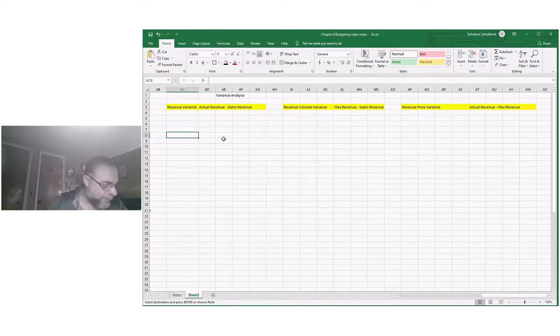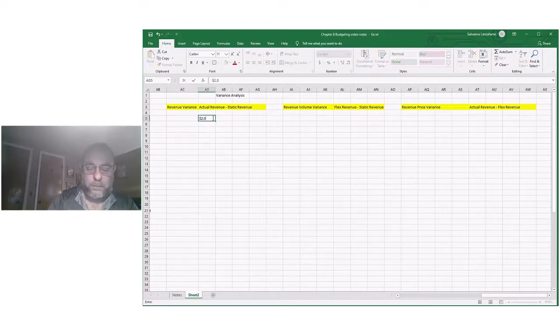Actual revenue minus static revenue. So if you're looking at page 289, look at your actual revenue. Actual results was $2,040,000. And we're going to subtract out the static revenue, $1,980,000.